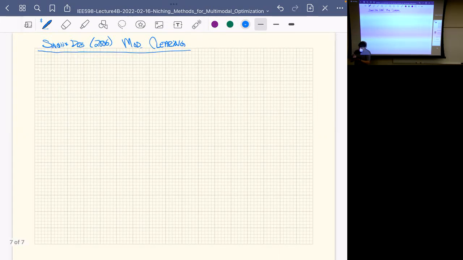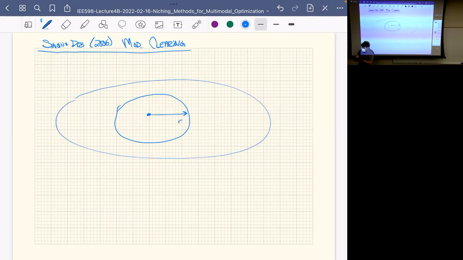In modified clearing, which I'll summarize graphically, it's a similar idea, but you've got your individual and you establish spheres around it. One is of distance R, and then another sphere around it of distance, I think, 2R or 1.5R.